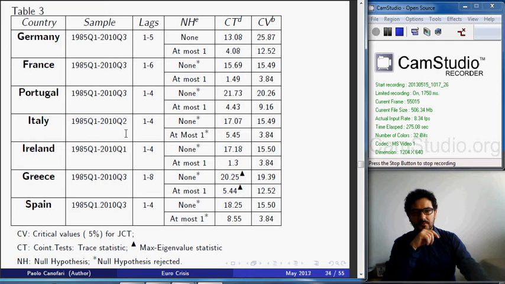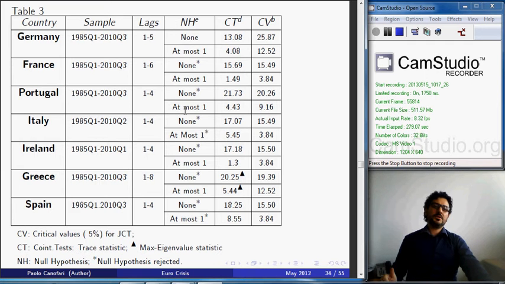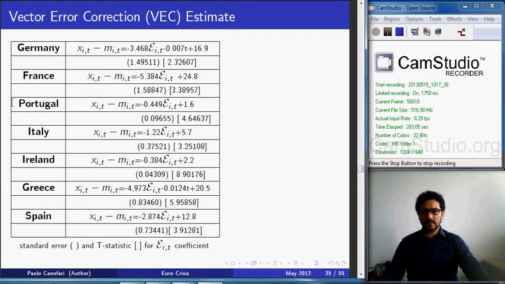After performing the test, we can estimate using the vector error correction model the long-run relationship between the trade balance and the real effective exchange rate, and we get these negative parameters.